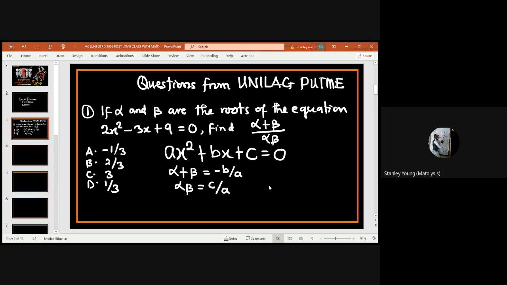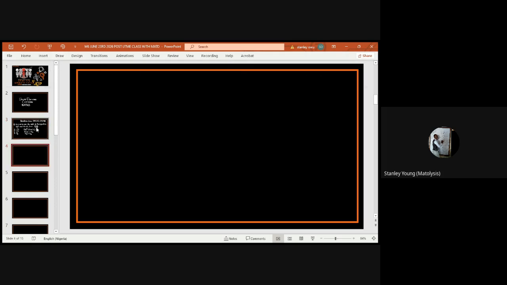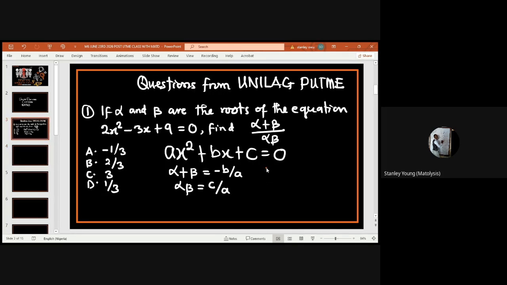In this question, it wants you to get alpha plus beta divided by alpha beta. So you try to identify a, b, and c. Based on what we have here, a is equal to 2, b is negative 3, c is 9.